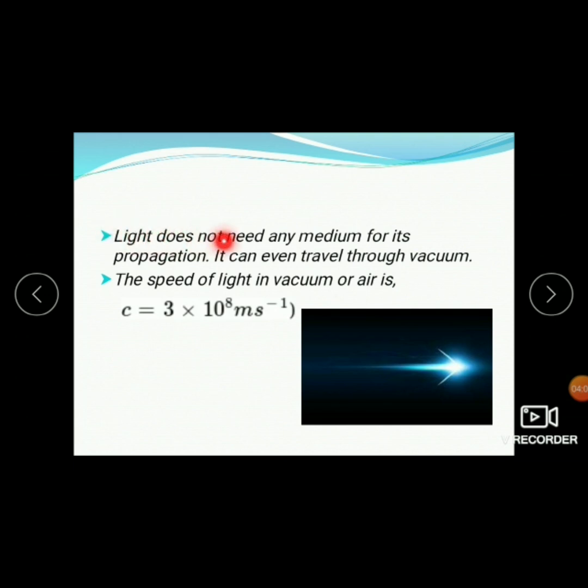So here light does not need any medium for its propagation. So it can even travel through vacuum, without air particles. Okay. So the speed of light in vacuum or air is 3 × 10^8 meter per second. So we know this value. So here c denotes the speed of light in vacuum.